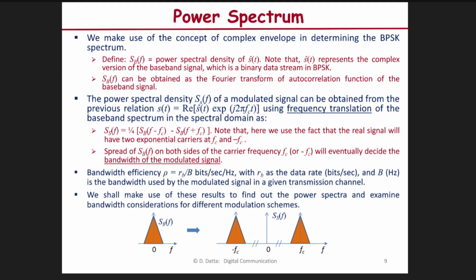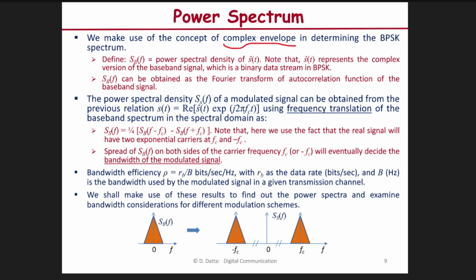Okay, so the power spectrum. In the power spectrum, we make use of the concept of the complex envelope, because it is the complex envelope which is multiplied by e to the power j2πfct. That is what actually changes the spectrum of the signal. If you take a simple cos or sin omega t before modulation, it is a line spectrum, not a continuous spread spectrum.